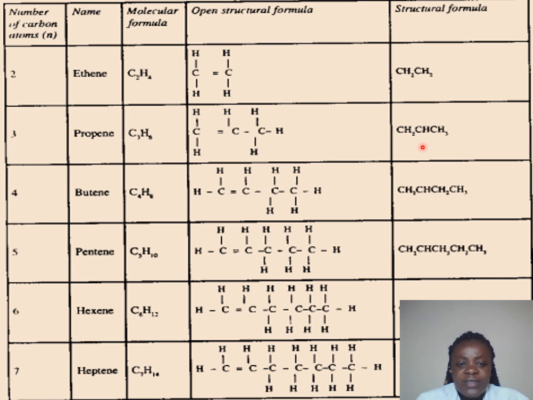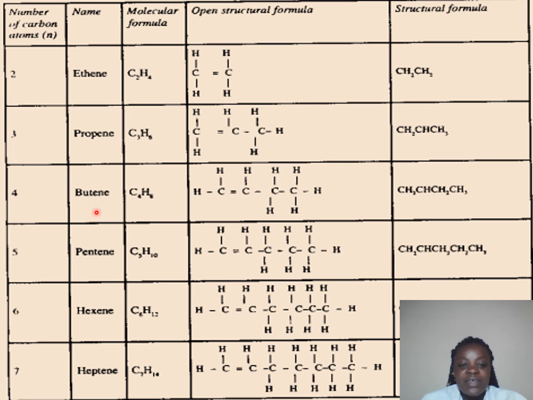So you can be asked to give the molecular formula or the general formula, or you can also be asked to give the structural formula. If you are just told to give the structural formula of propene, you can choose to give the open structural formula or the closed structural formula.